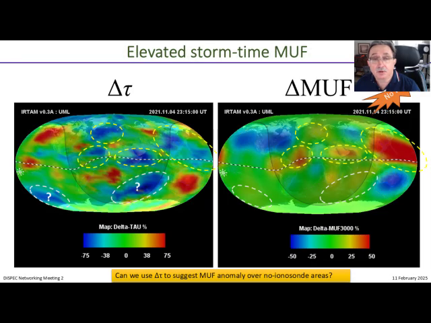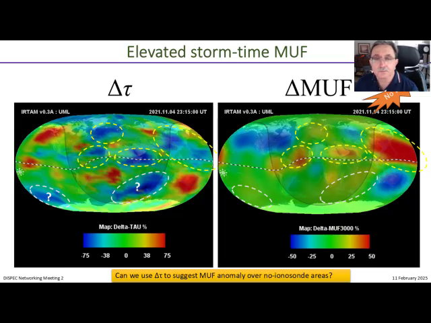And here are the anomalously high MUF values. These are not that critical to your HF communications. So they, as you see, they do correspond to the anomalously low slab thickness. So compressed plasma, as you remember.